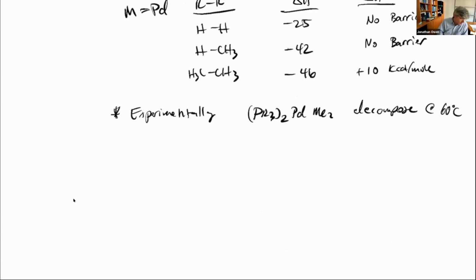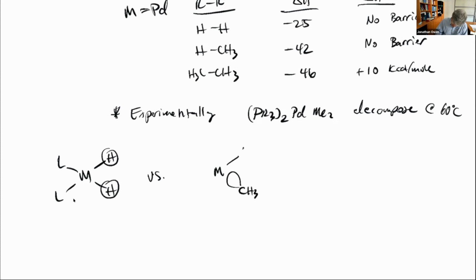The delta H double dagger for hydrogen to ethane largely has to do with the fact that a hydride is spherically symmetric, versus a methyl, which kind of has an orientation about it.